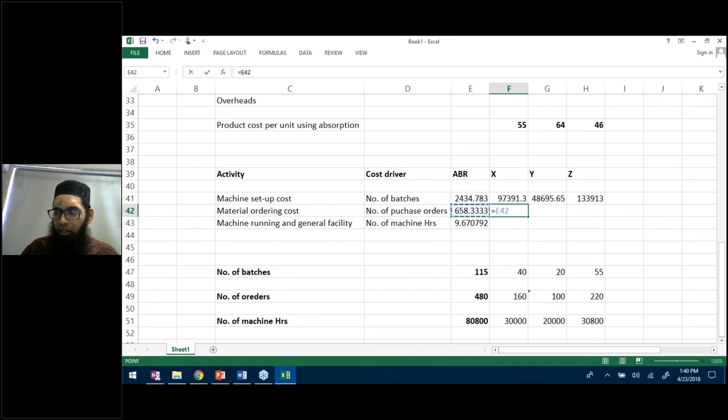So it will be ABR multiplied by number of orders for product X. ABR multiplied by number of orders of product Y. And same I can do for product Z.